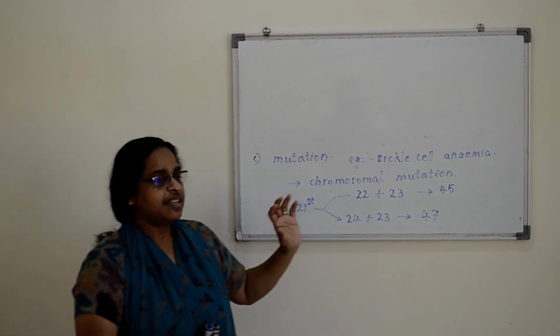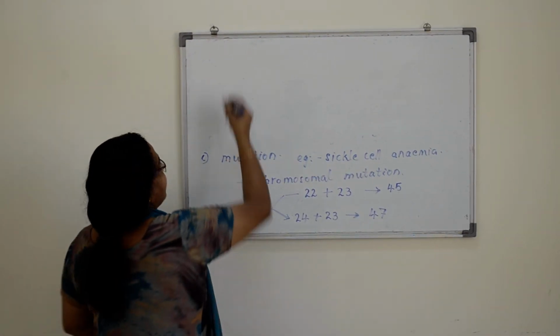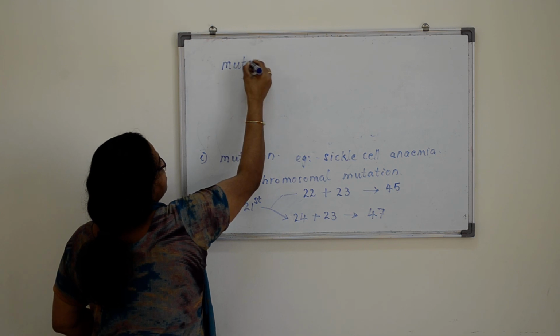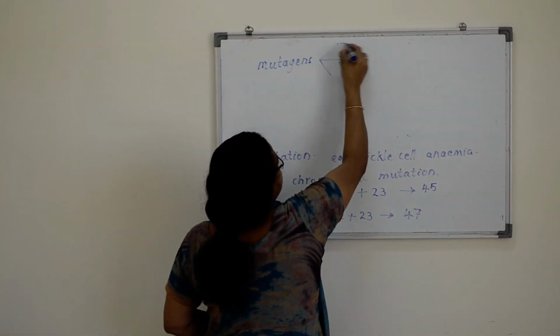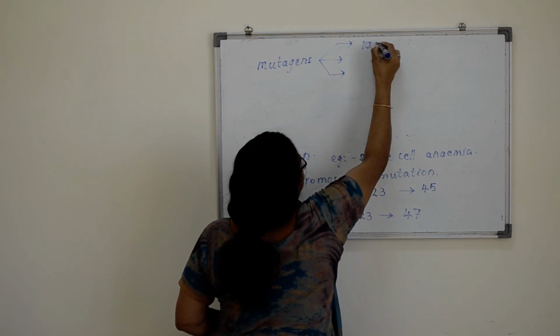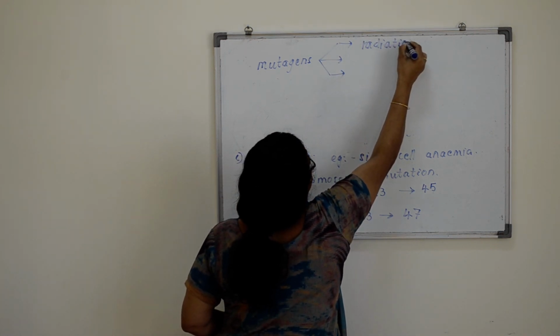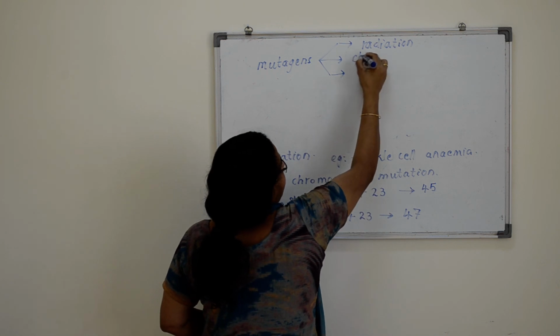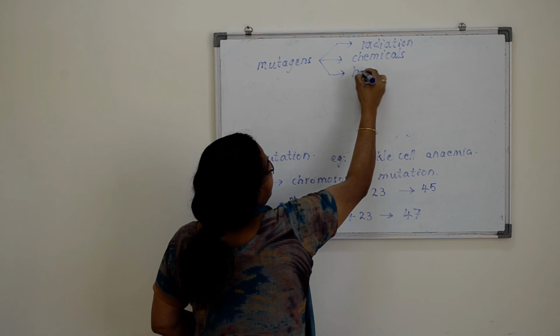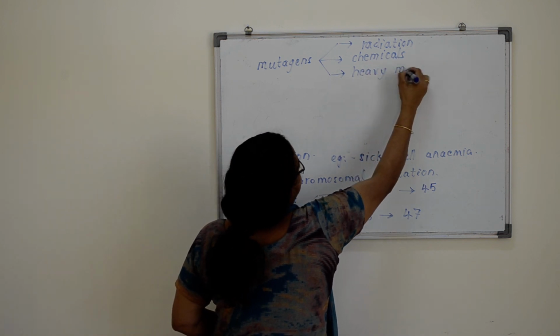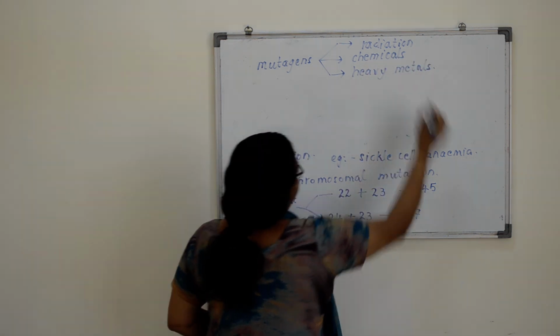The things that cause mutations we call mutagens. The main mutagens are radiations, chemicals, and heavy metals like mercury and lead.